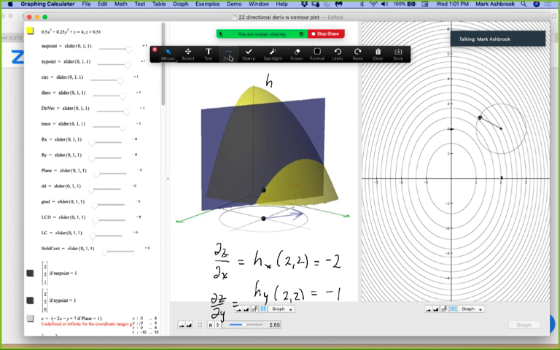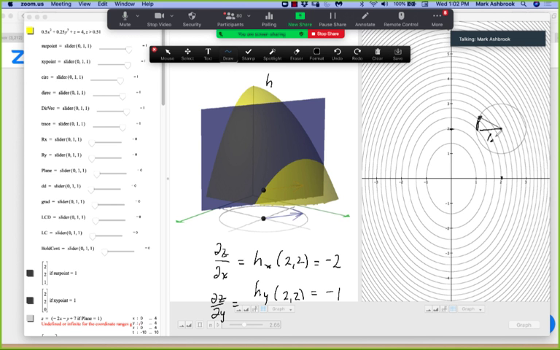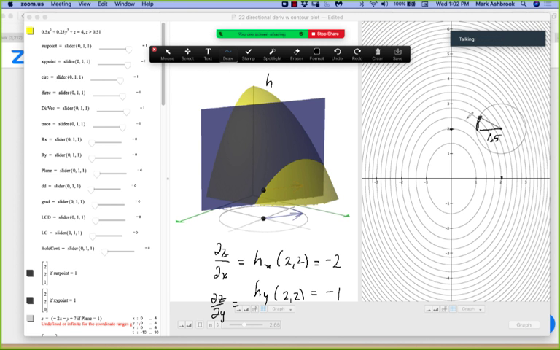Maybe this is something like an x change of negative 1.5 to a y change of 1. So this direction is some proportion of changes, negative 1.5 in x to positive 1 in y, and there's an associated rate of change of our surface in that direction.